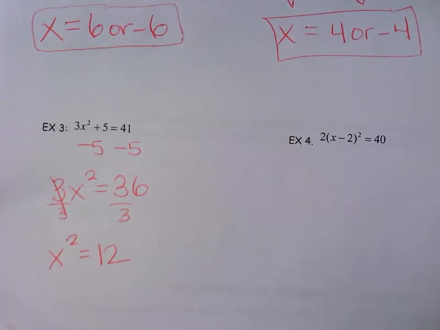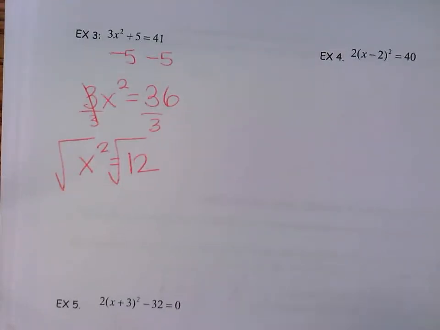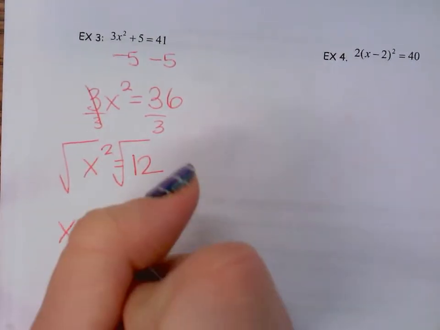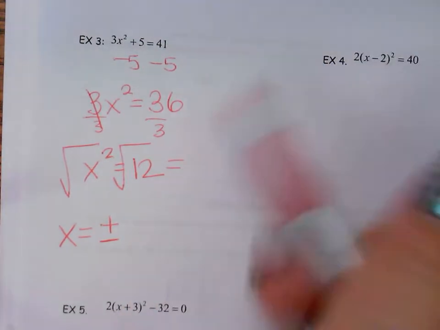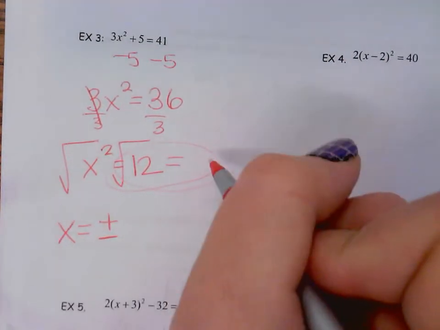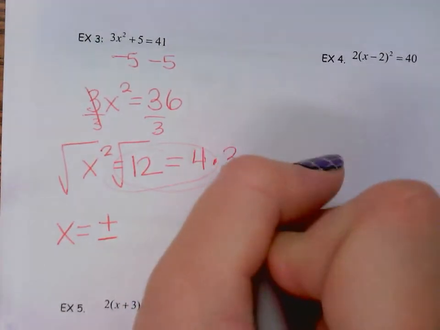So now this is where that reduced radical form is going to come in. Now I have to simplify the square root of 12. So I'm going to write x equals plus or minus, because remember there's always two solutions. Let's see, what are the factors for 12 up here that I'd want to pick? 4 times 3 is 12.